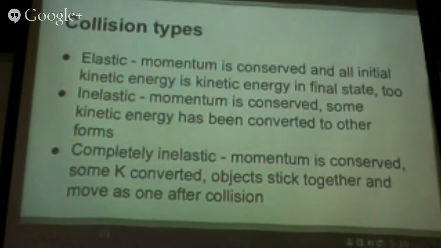So for an elastic collision, not only could we say mass A, velocity A initial plus mass B, velocity B initial, and so on, you could also do the same thing with kinetic energies: 1/2 times mass A times initial velocity A squared plus 1/2 times mass B times velocity B initial squared. And the same thing on the final side.